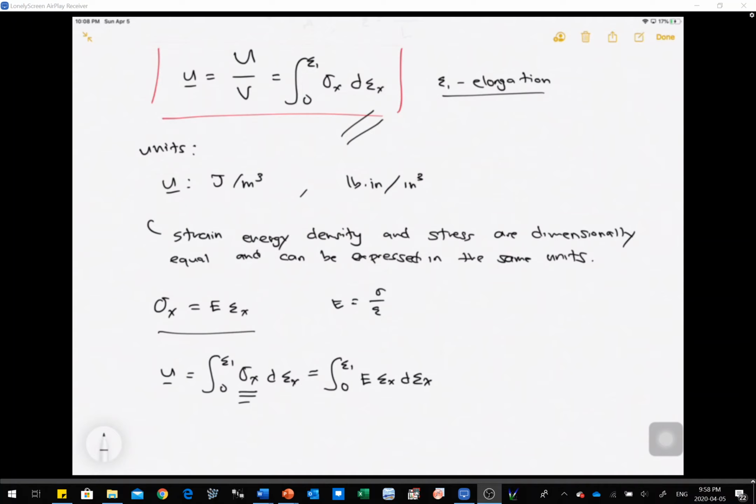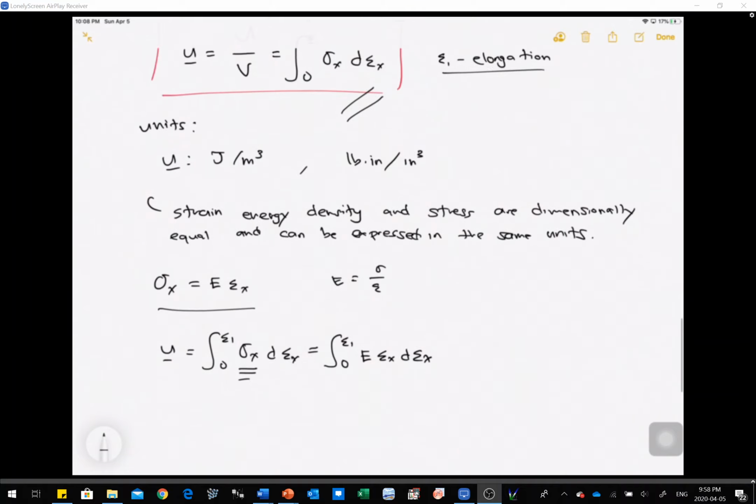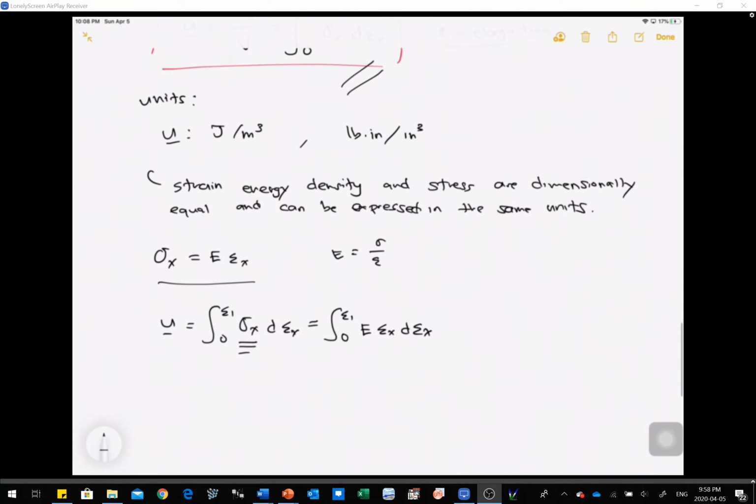Now we can further simplify this one. So we can say that our strain energy density U is equal to E epsilon 1 squared over 2, based on our integral right there.